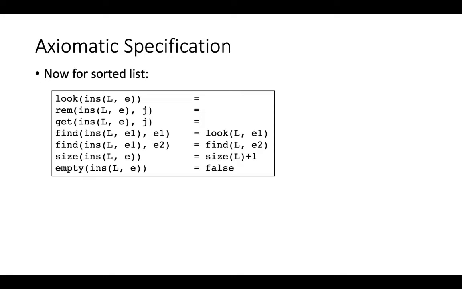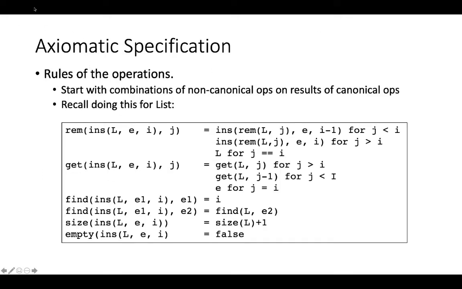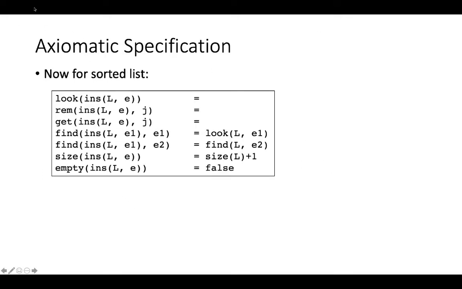If I'm trying to find something E2 in the result of inserting E1 into L, it's the same thing as finding whether E2 is in L to begin with, if E1 and E2 don't equal each other. So the idea here now is, can we come up with something like these axioms for an unsorted list, but now for a sorted list?